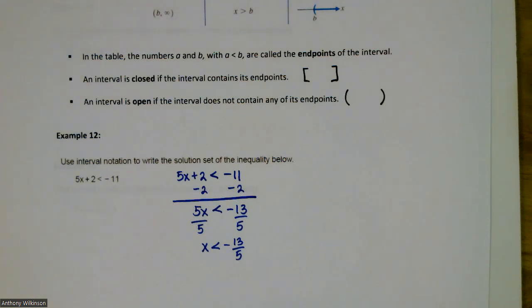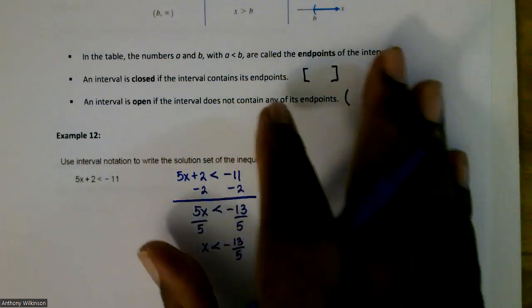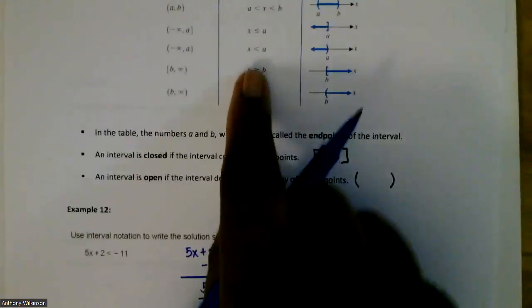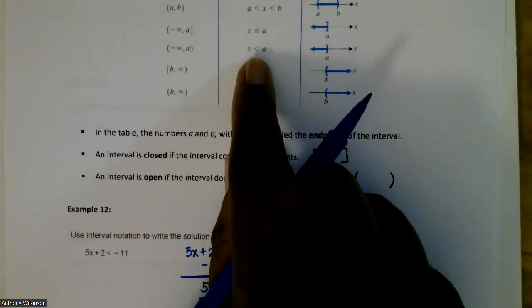Okay, so now we just leave this as an improper fraction. Now, of course, x being less than that would mean something like this right here.